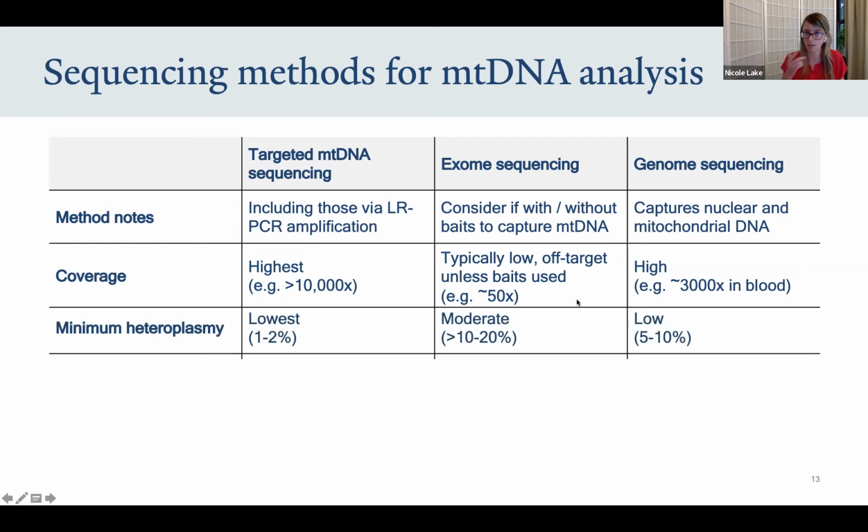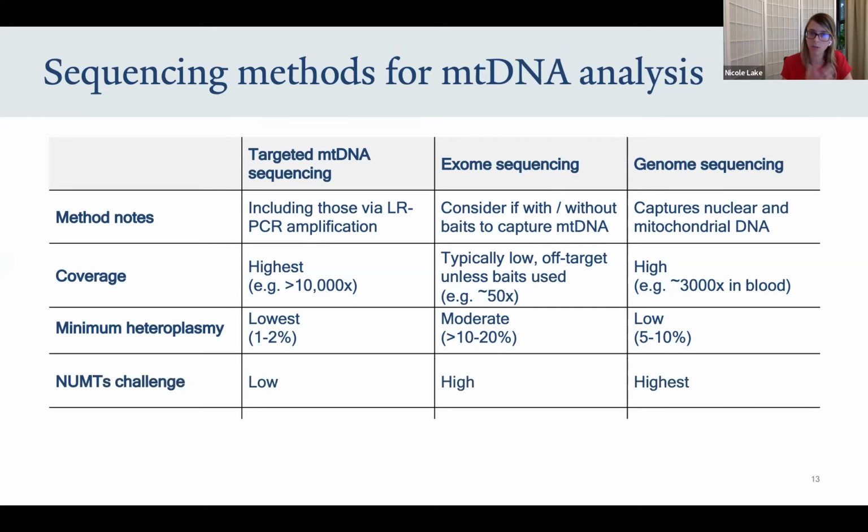So coverage has important implications, as I've mentioned, for the minimum heteroplasmy level that you could call. With something like a targeted mitochondrial sequencing approach, you can potentially confidently call quite low heteroplasmic variants, somewhere between 1% to 2% and above. Whereas with exome and genome sequencing, the threshold is often a little higher, not only with respect to coverage, but also the consideration of NUMTs.